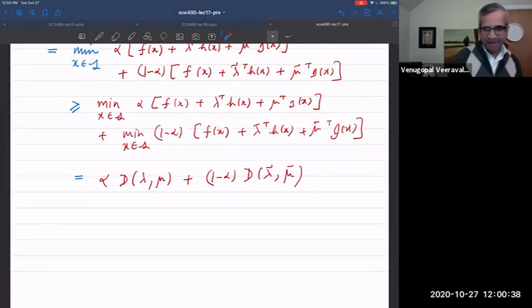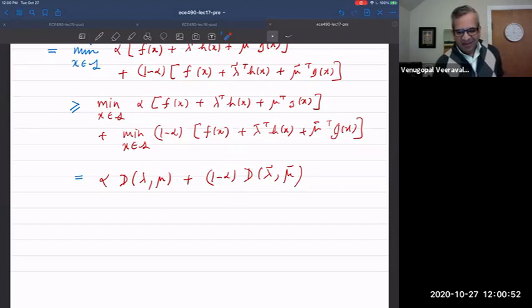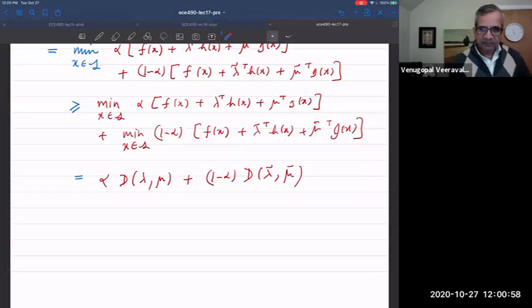Are you unhappy with this proof? So this is a slight generalization of the idea of the minimum of a bunch of concave functions being concave, and the maximum of a bunch of convex functions being convex. All right.